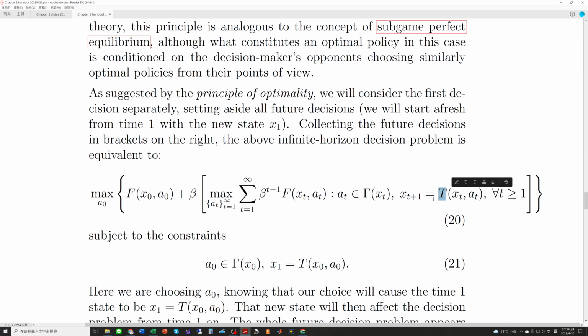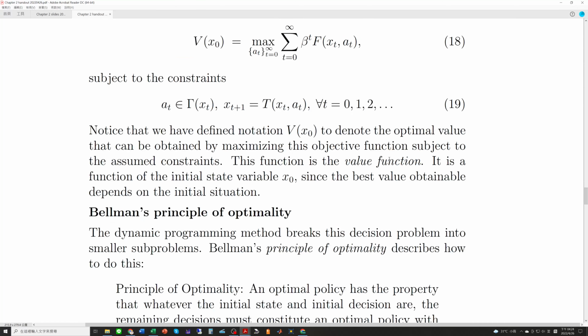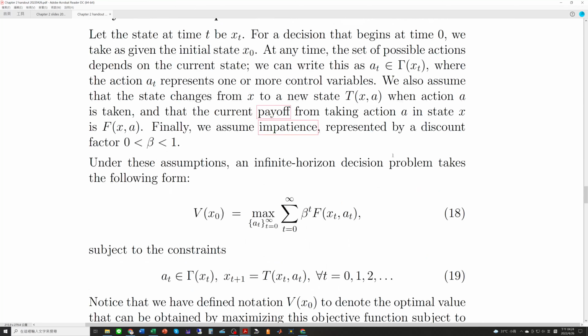Okay, do you remember what is the capital T function? Okay, let us see. Okay, capital T. Okay, we also assume that the state changes from x to a new state T of xa when action A is taken.